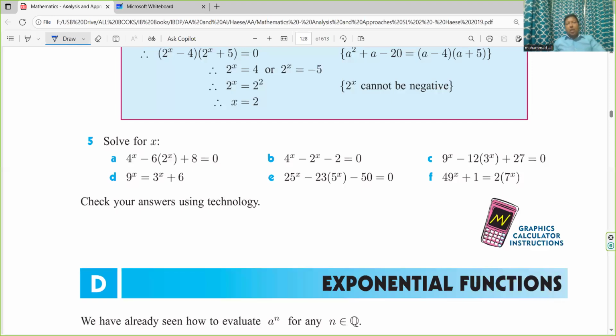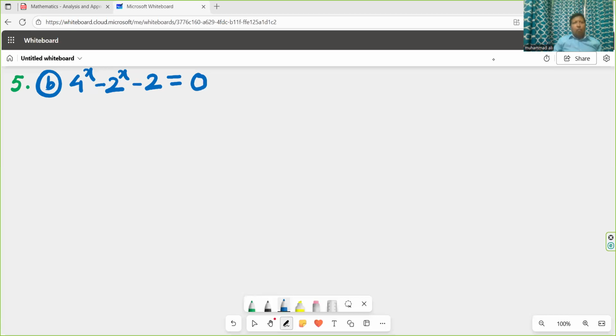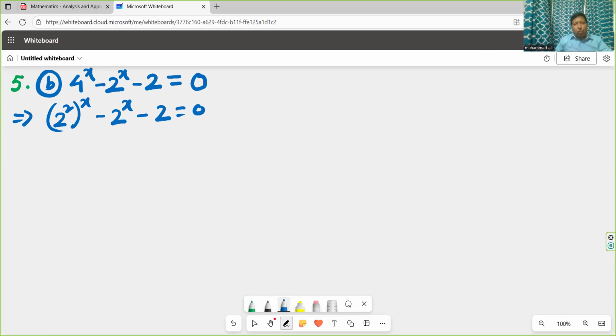Number B: 4 to the power x minus 2 to the power x minus 2 equals 0. So instead of 4, we can write 2 squared to the power x minus 2 to the power x minus 2 equals 0.